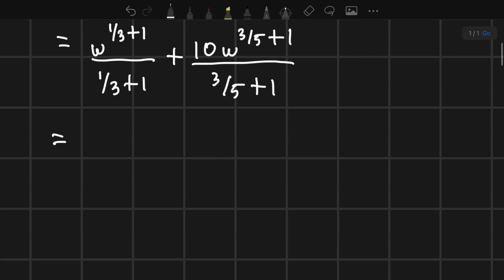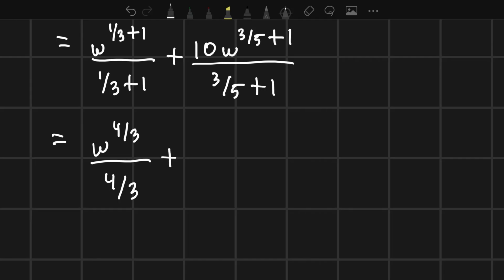And now we're going to solve this. We have w to the 4 over 3 divided by 4 over 3.